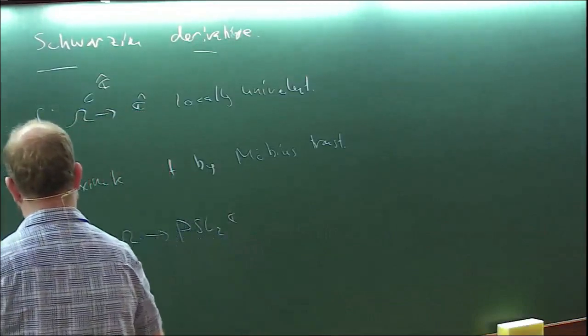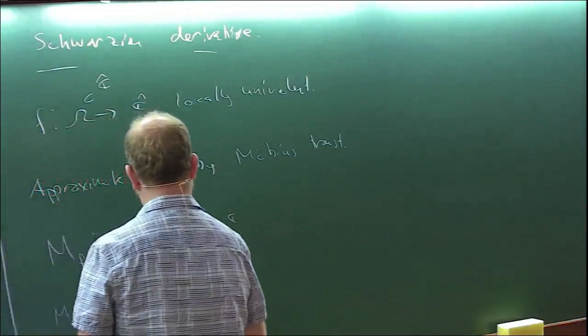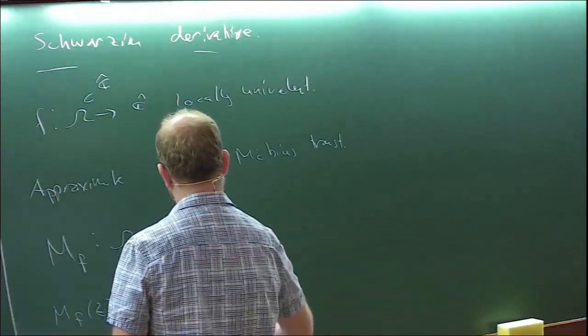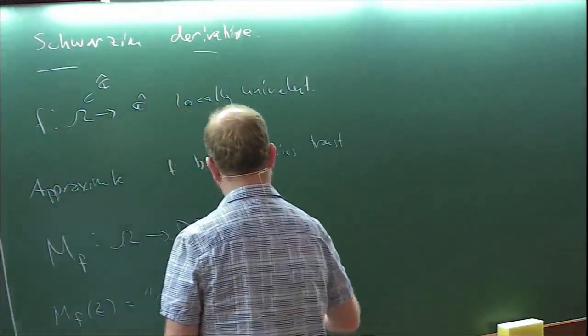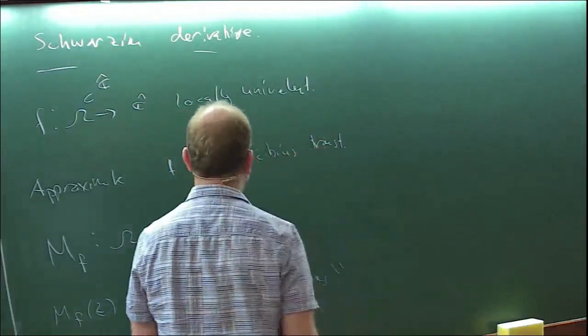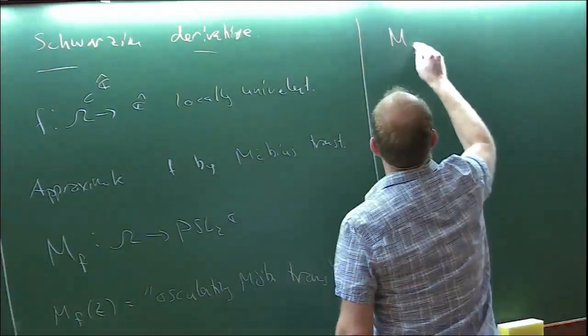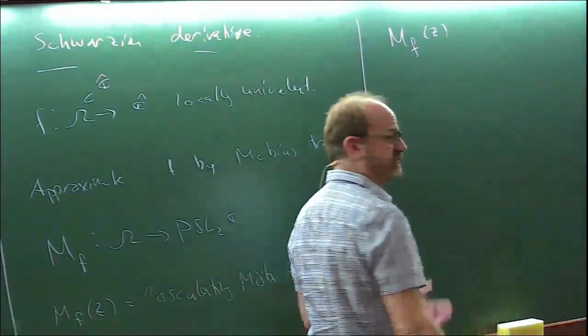And MF of Z is what's called the osculating Mobius transformation. Its definition is that MF of Z is a Mobius transformation, right?